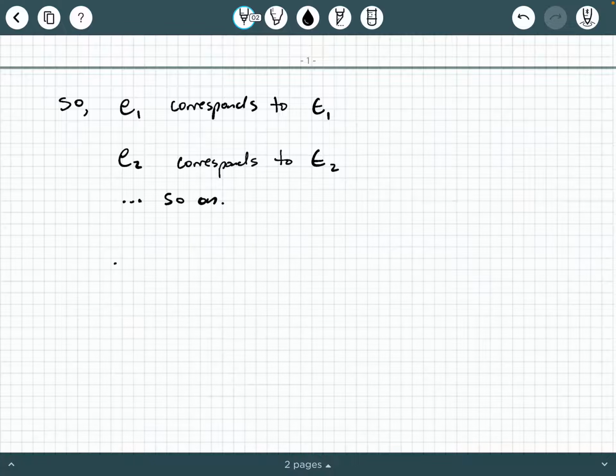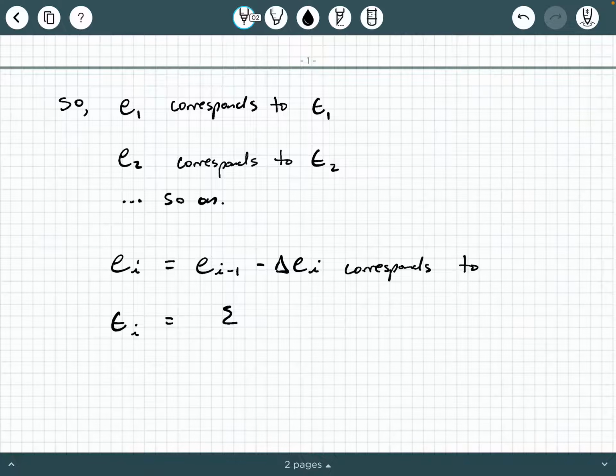Okay, and so of course e sub I, which we know from our previous video is e sub I minus 1 minus delta e sub I, corresponds to epsilon sub I, which is the summation, j goes from 1 to I, of delta H sub j, all divided by H naught.